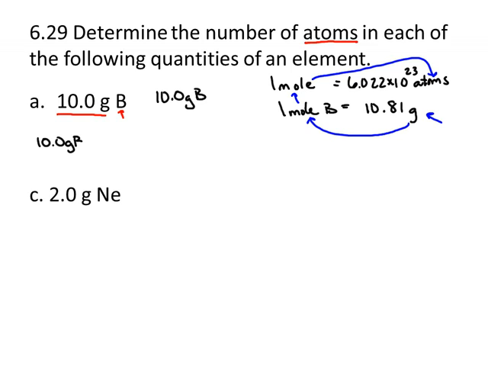10.0 grams of boron. And my plan was to use the molar mass first and cancel out my grams. So grams goes on the bottom, 10.81 grams of boron, 1 mole of boron is the rest of that conversion. Then next, since now I'm in moles, I can go from moles of boron to atoms of boron.